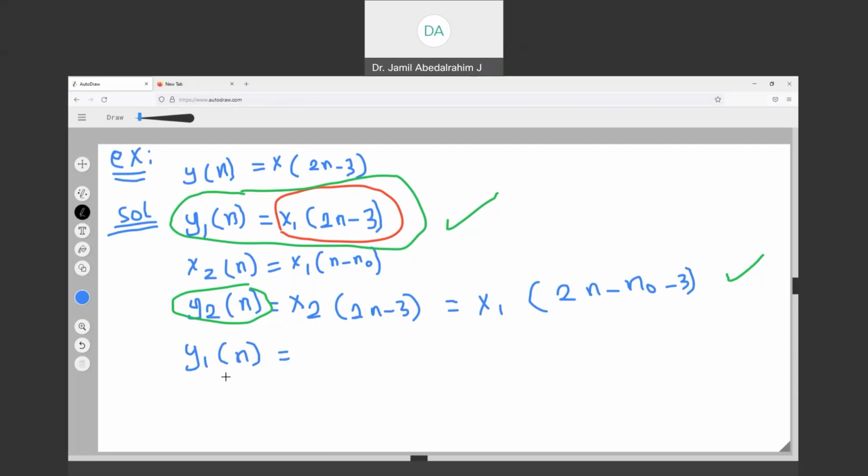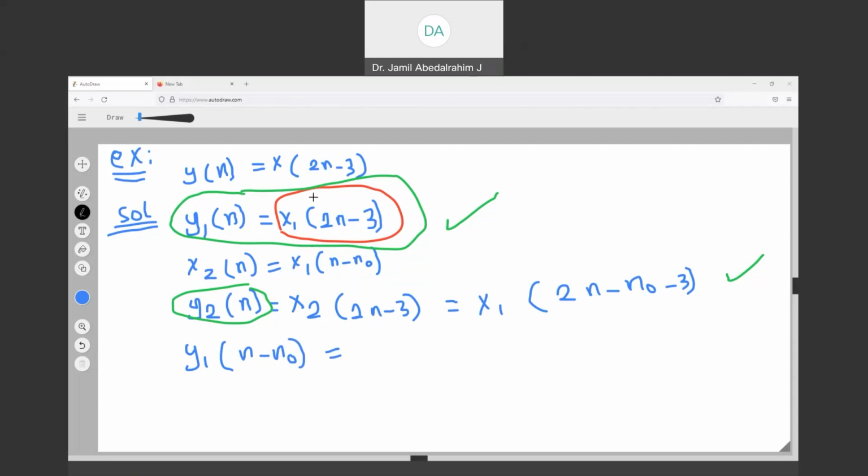So y1 of n minus n naught will be equal to what?